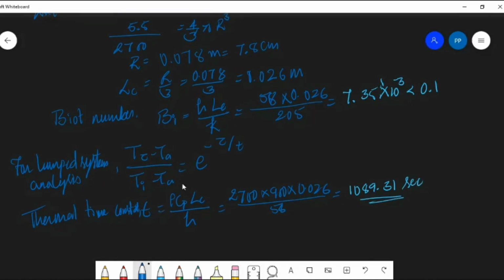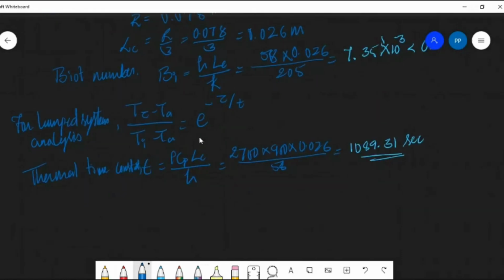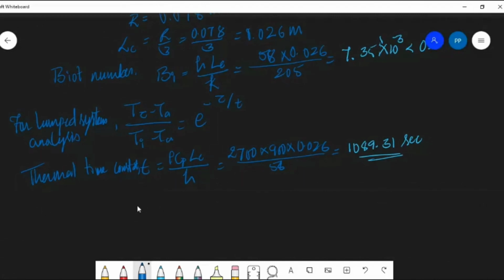Now let us go back to this equation and calculate the time required. So the final temperature is 95 degrees Celsius minus the fluid temperature 15 degrees Celsius, divided by the initial temperature 290 degrees Celsius minus the fluid temperature 15 degrees Celsius, that will be equal to e to the power of minus tau divided by 1089.31.